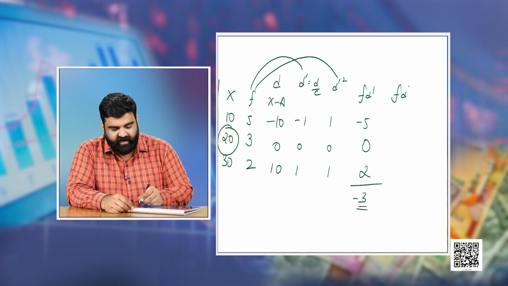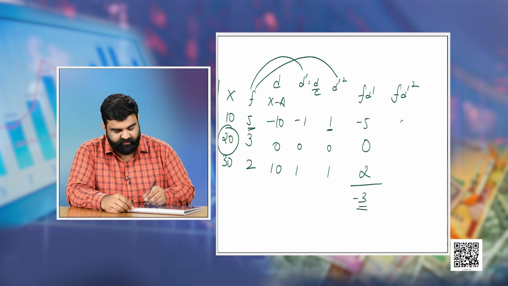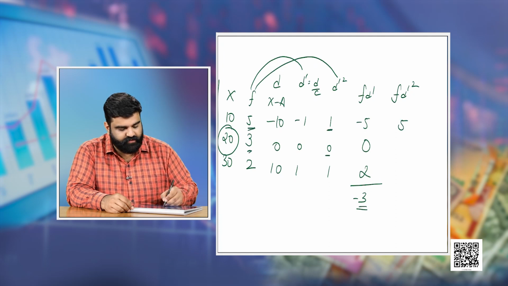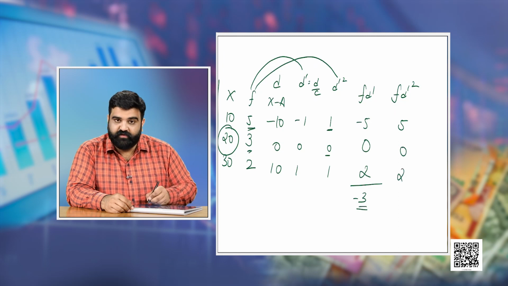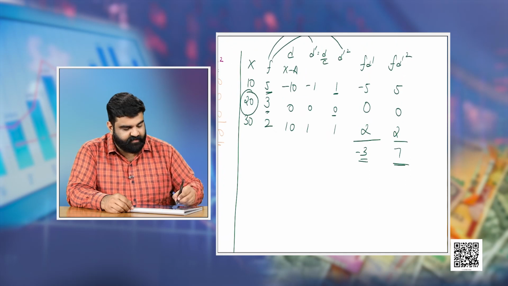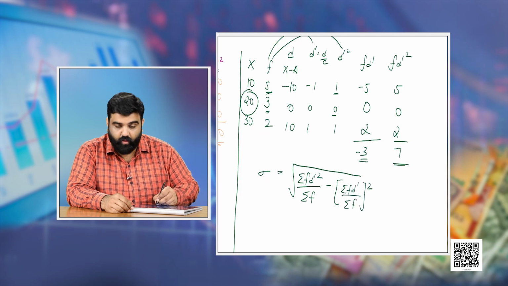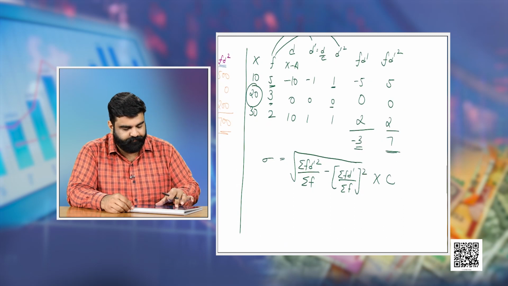And now, let us calculate f d dash the whole square. So, I have 5 into 1, which will be 5, 3 into 0, which will be 0 and 2 into 1, which will be 2. So, I have the values as 7 and minus 3. The standard deviation formula is root of sigma f d dash square upon sigma f minus the whole square of sigma f d dash by sigma f, multiplied by the common factor, which is outside the square root.